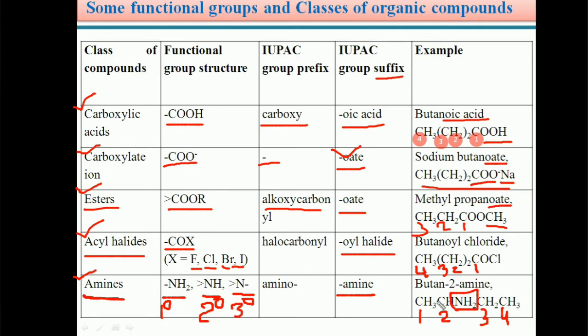So its name is 2-butanamine or butan-2-amine, meaning the second carbon has an amino functional group. Similarly, if the amine is a substituent, the IUPAC group prefix is amino. We will discuss these substituents, carboxy, carboxylate ion, alkoxycarbonyl, halocarbonyl and amino, with suitable examples in the coming video classes.